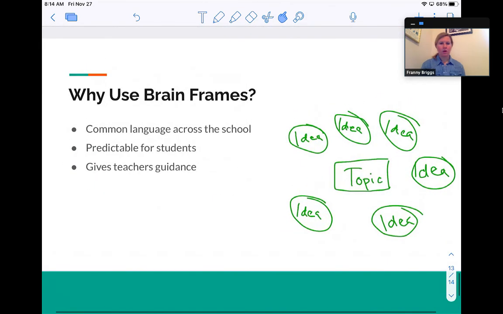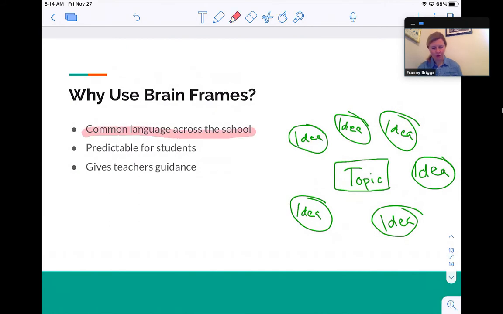So the great thing about brain frames is that it's going to help us create common language across the school. I'll use my school as an example, the Churchill School in New York, where I worked previously. We rolled out the brain frames system, and I teach middle school, so I was teaching 6th graders.